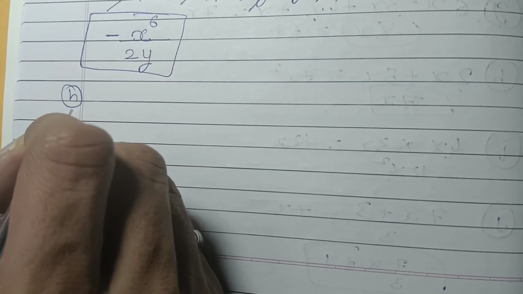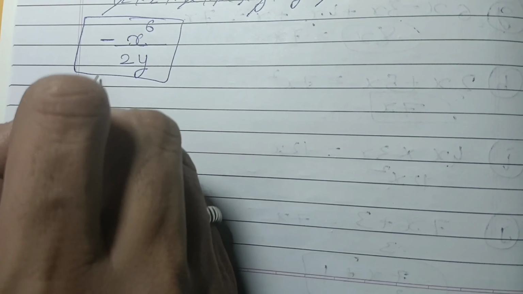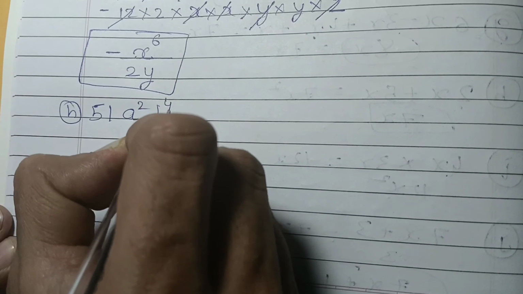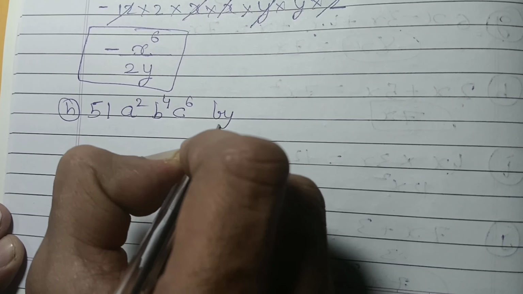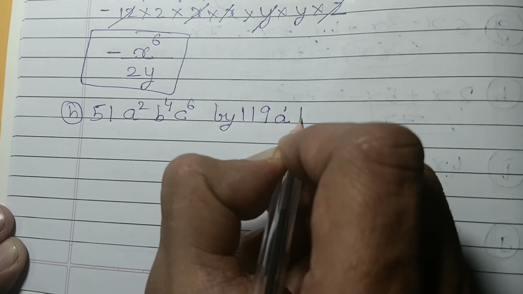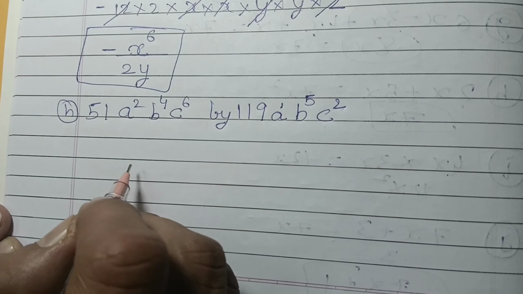H question, that is 51 a square b to the power 4 c to the power 6 divided by 119 a b to the power 5 c square.